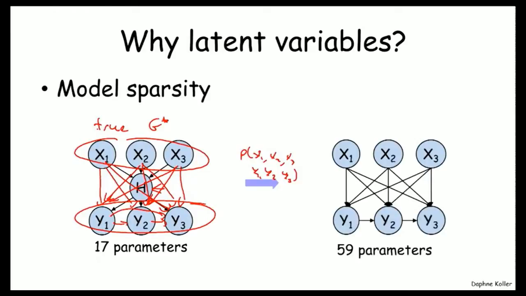So the spaghetti actually turns out to look like this, with a total of 59 parameters in the network. So by dropping this one latent variable, I've created a model that is much harder to learn. Now, of course, learning a model with latent variables is by itself a problematic situation, but it may well be worth the trade-off.